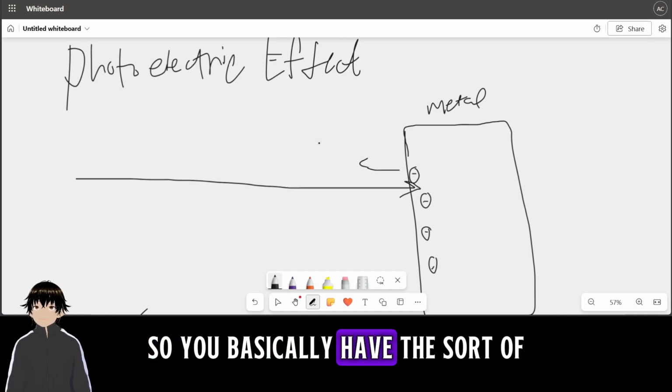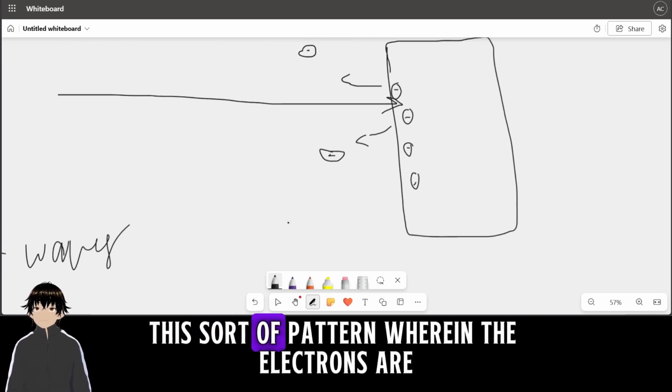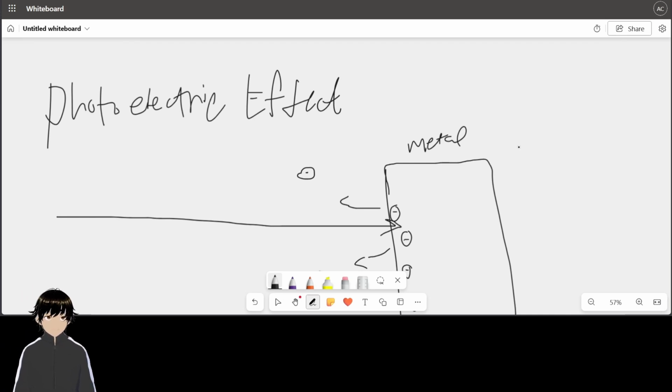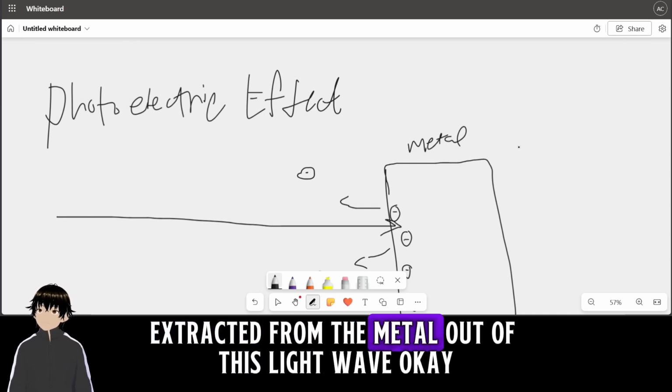So you basically have this sort of pattern wherein the electrons are being extracted from the metal by this light.